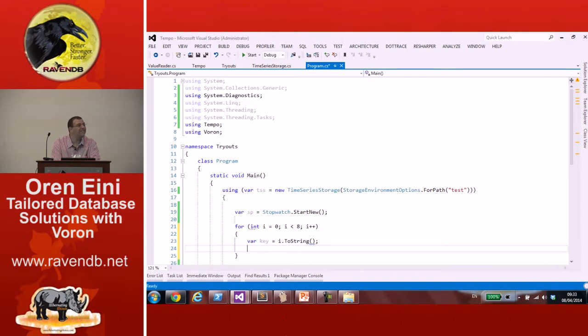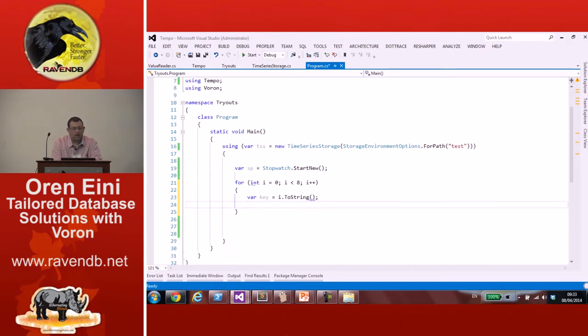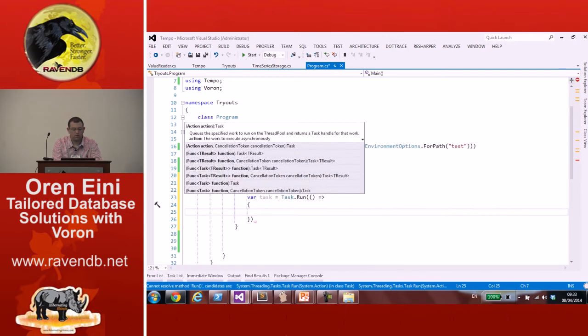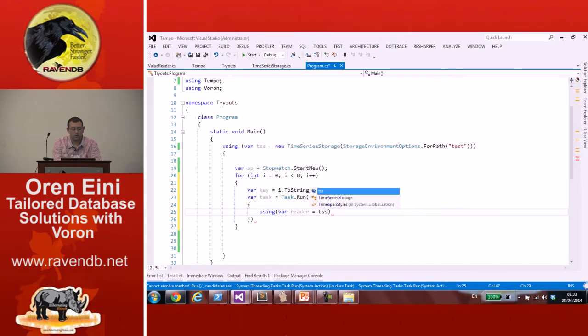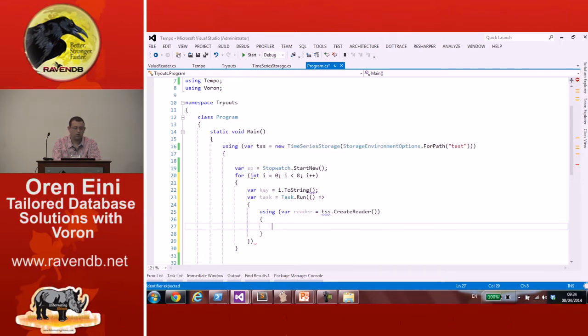Now I want to do concurrent reads. And basically what I want to do is let's do it like this. Reader query key, min value, max value, count.